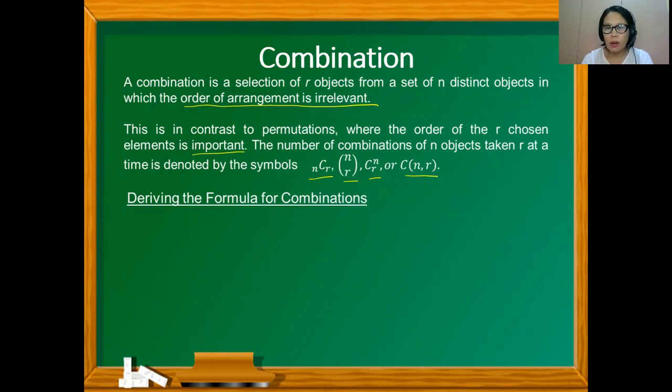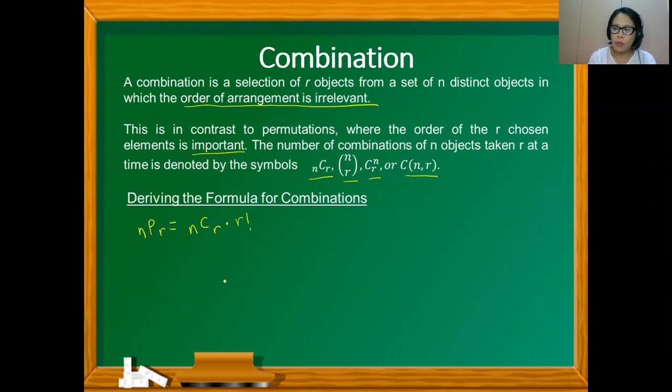Since there are r factorial such arrangements of the said objects, it follows that permutation of n taken r is equal to combination of n taken r times r factorial.